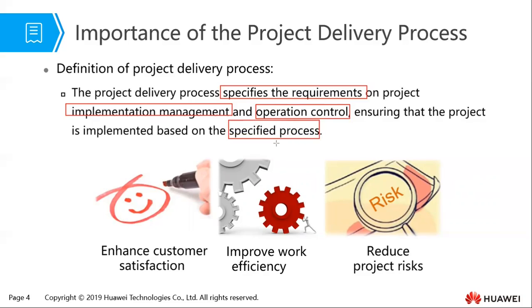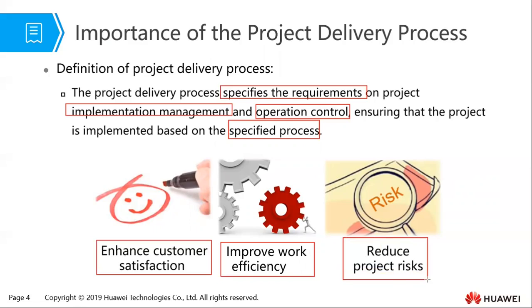The main purpose of the project delivery process is to ensure, number one, enhanced customer satisfaction, improved work efficiency, and as much as possible, reduce any risks that are associated with the project.